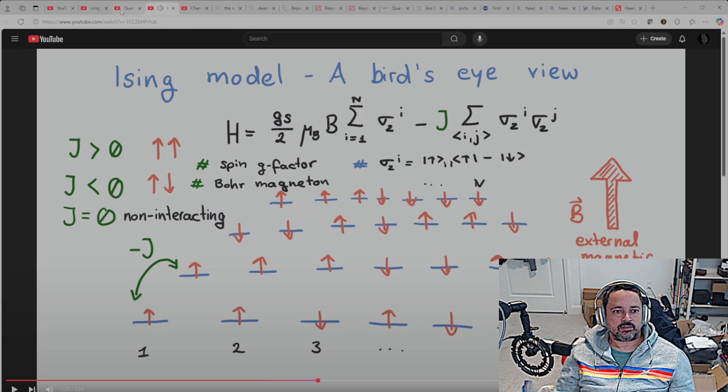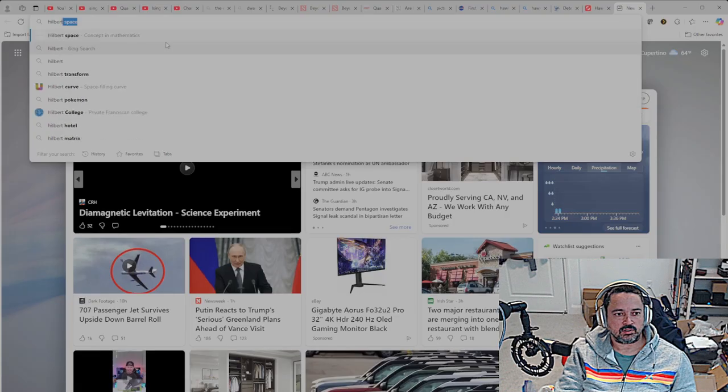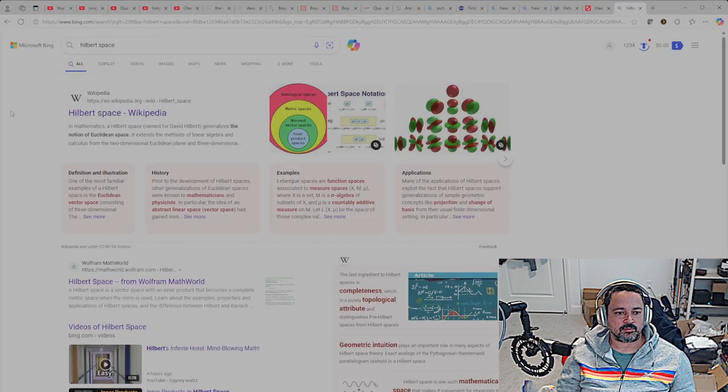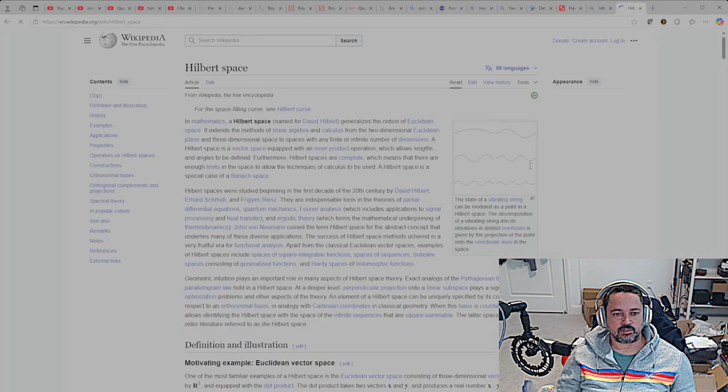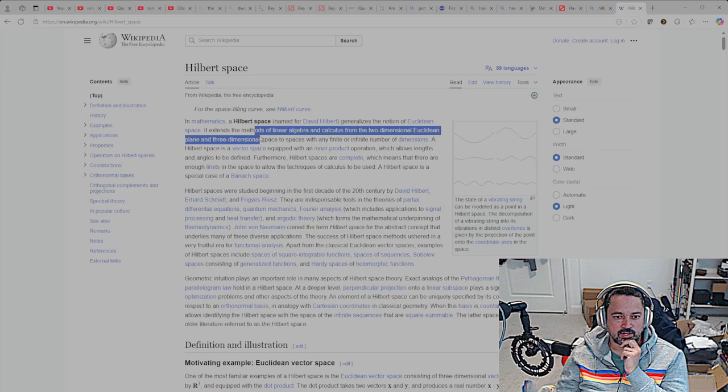All right. Let's see what the Hilbert space is. If I'm going to get back into it, I might as well brush up properly, right? So Hilbert space: in mathematics, a Hilbert space generalizes the notion of Euclidean space. It extends the methods of linear algebra and calculus from the two-dimensional Euclidean plane and three-dimensional space to spaces with any finite or infinite number of dimensions.